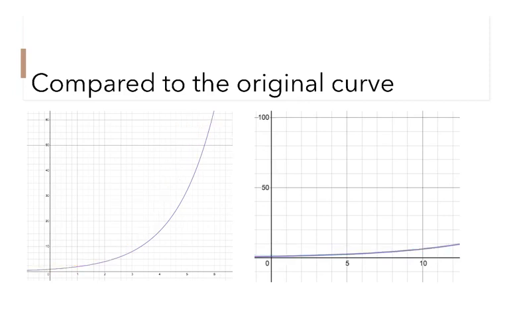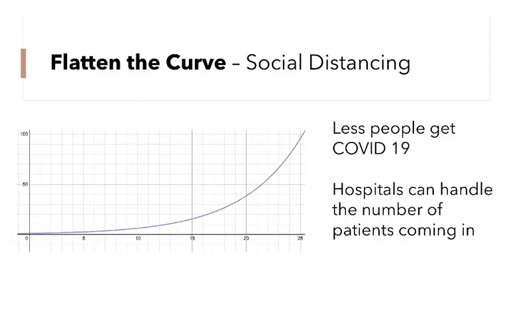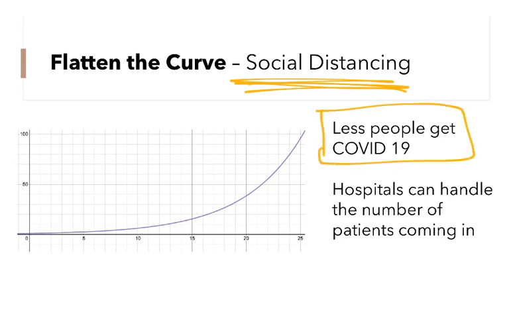So their answer to be able to flatten the curve is to tell people, hey, we can't go outside and be with other people right now. We can't go to school because that would keep spreading and spreading. So by having less people around each other, then less people are going to catch COVID-19. It also means that hospitals can handle the number of patients for people that are older or have compromised immune systems.